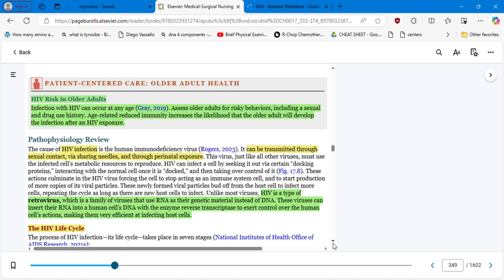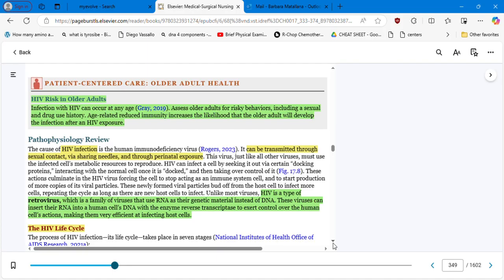These older adults are engaged in sexual activities in the nursing home, so your responsibility is to monitor and assess that they are HIV free.